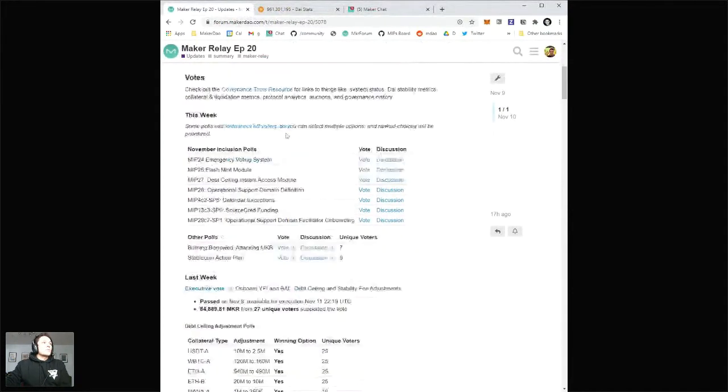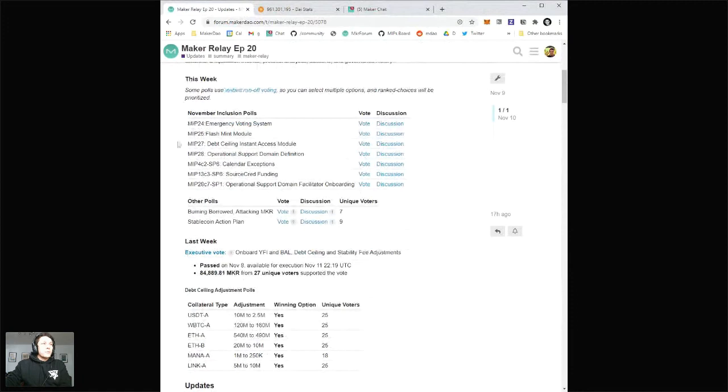So this week we have a couple of different things happening. We are now entering into the second week of November, which is exciting. Every month at MakerDAO there is a governance cycle, and in the November governance cycle, we have a number of different Maker improvement proposals up in the inclusion polls.